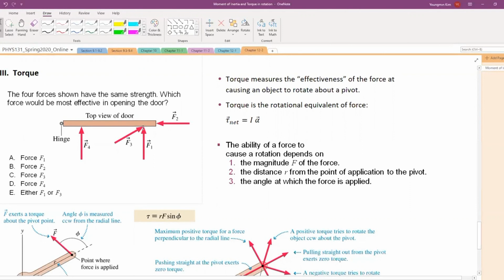We all know that it is harder to open the door when you try to push it closer to the hinge point. So the further away you are from the hinge point, the more effective the force that you apply can be utilized. And also, this is a little bit less intuitive, but the angle at which the force is applied also plays a role. And in this case, we know somehow that when you push it perpendicular, that's probably where the maximum efficiency will occur.